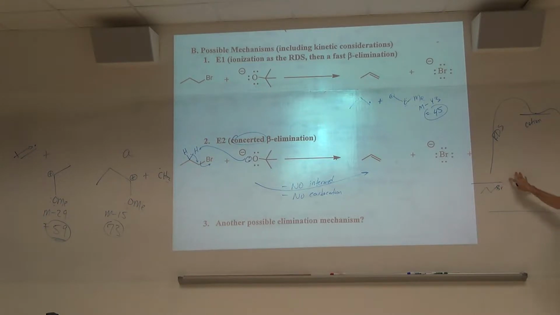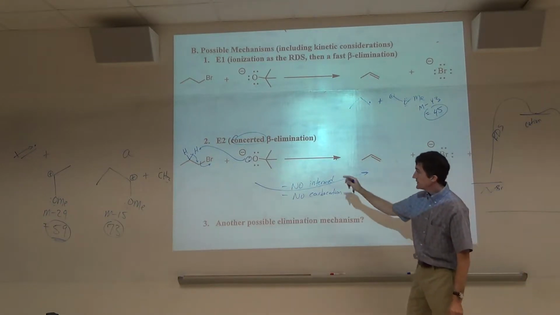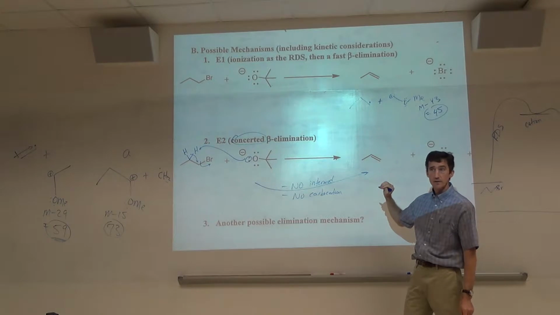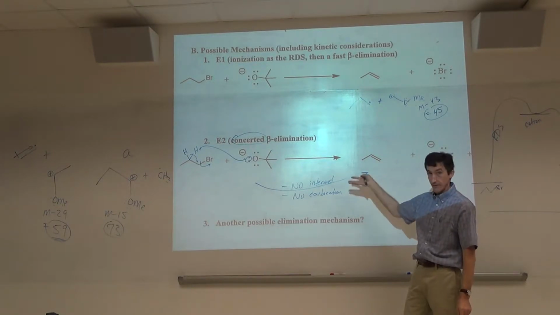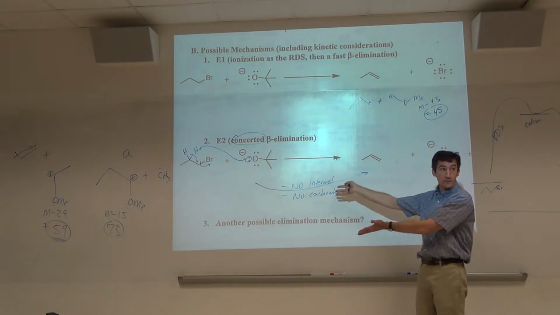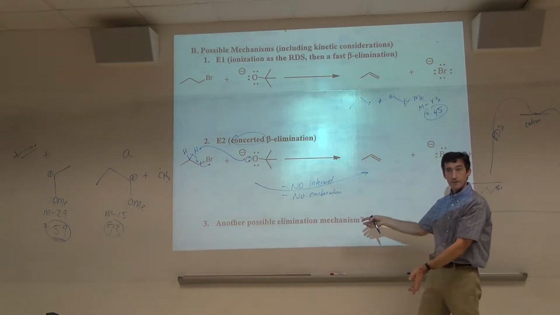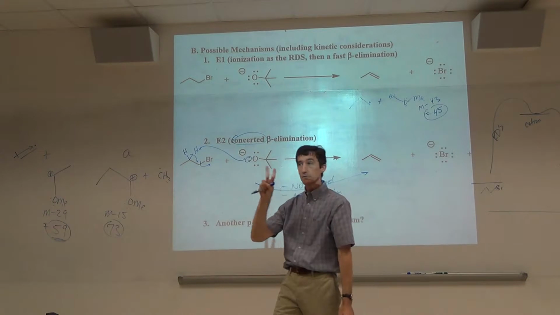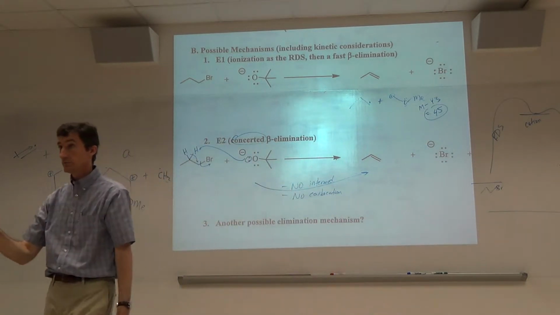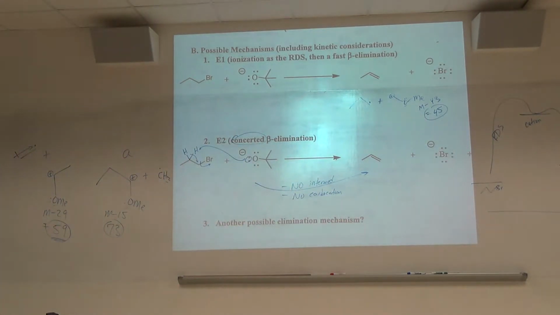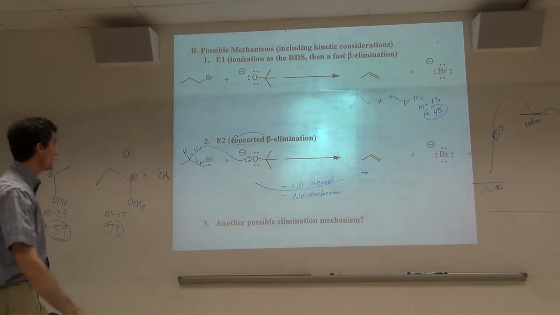No. E1. What is the rate determining step over here? The only one. That step right there. How many of your substrates are involved in that step right there? Both of them. Two of them. So it's called E2. Elimination bimolecular. It's a concerted elimination. A concerted beta elimination.